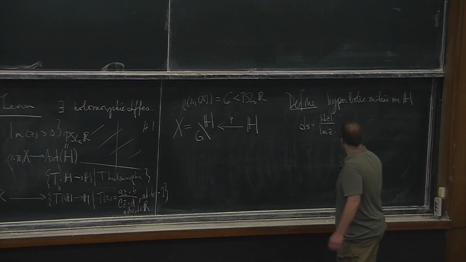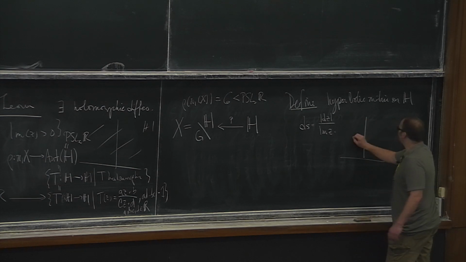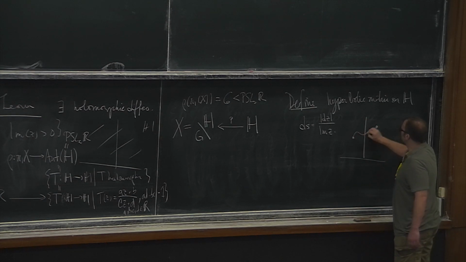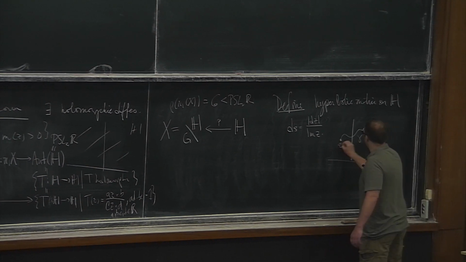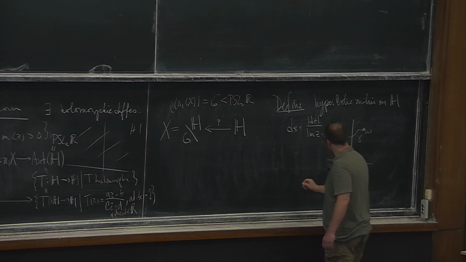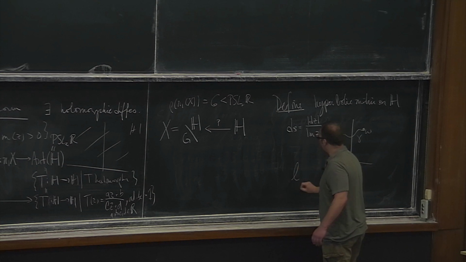So what does this mean? If I have a pair of points, and a path between those points, here's z and here's w, first I can define the length of this path, the hyperbolic length.